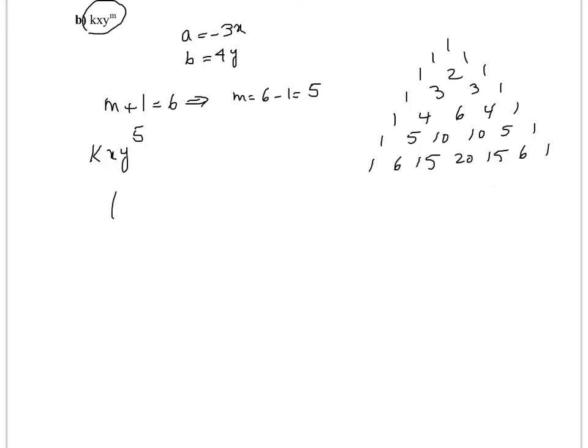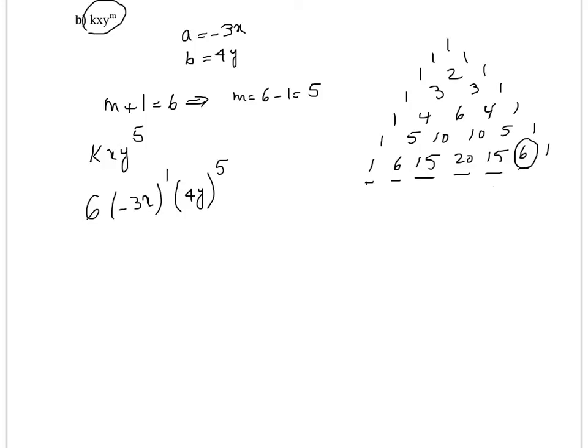First, (-3x)^1 and (4y)^5. And then I'm going to have a coefficient here, since y is exponent 5 here. Remember, x here is the maximum, which is 6, then 5, then 4, then 3, then 2, then 1.